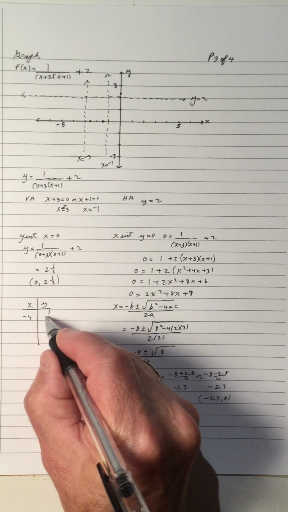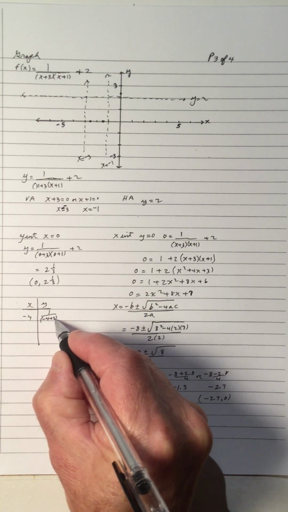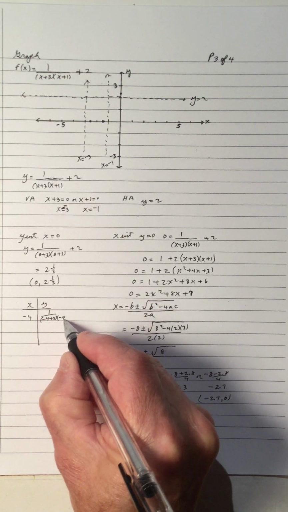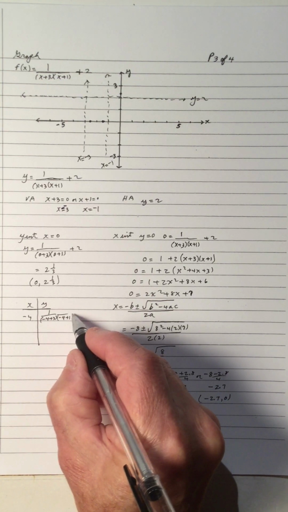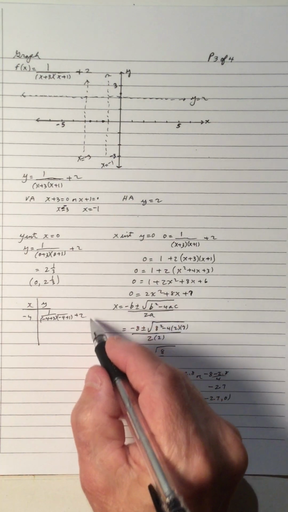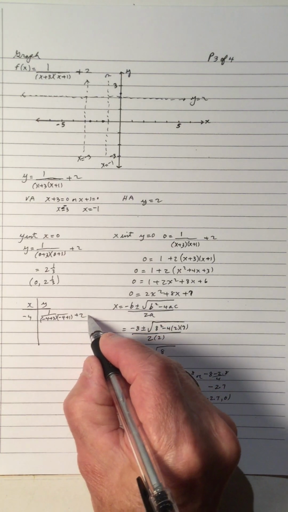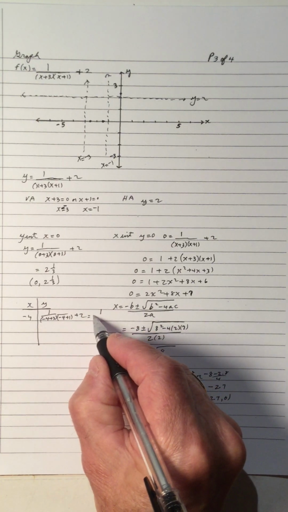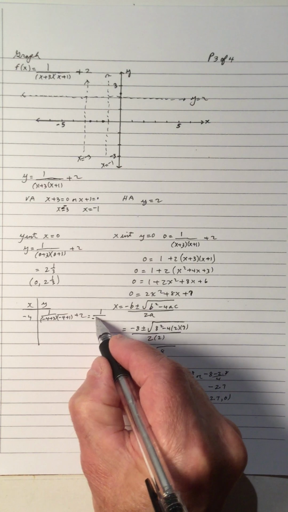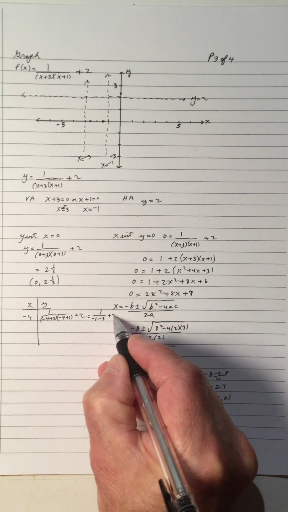We get 1 over negative 4 plus 3 and negative 4 plus 1. And we're going to add on 2. So that gives us, let's see, negative 1 times negative 3 plus 2.